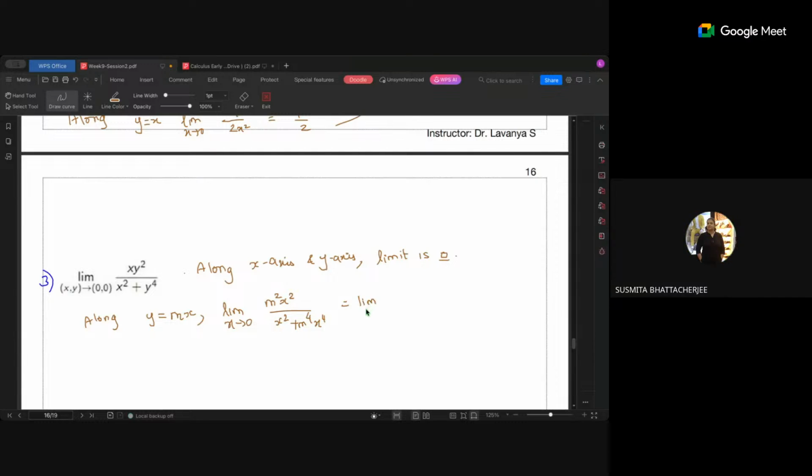When you take m square commonly, and the x square common, you get m square by 1 plus m square. Sorry, it's m squared in the numerator. Ma'am, x cube, right? Yeah, it's x cube.